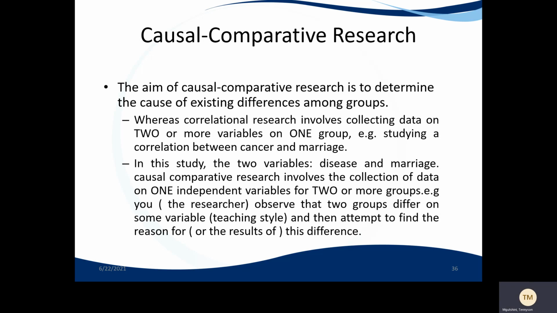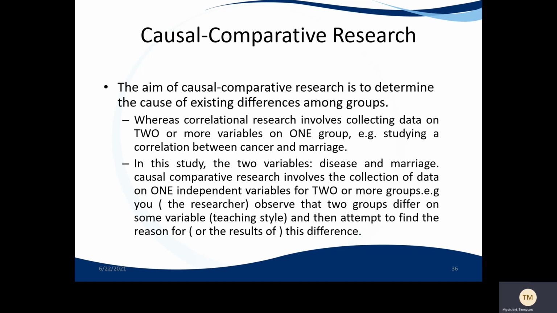So basically, correlational research is interested in one group and two or more variables related to that group. But when it comes to causal comparative research, you have one variable that you're interested in, but you're looking at that variable across two groups.